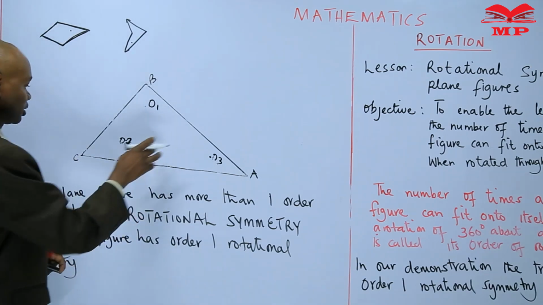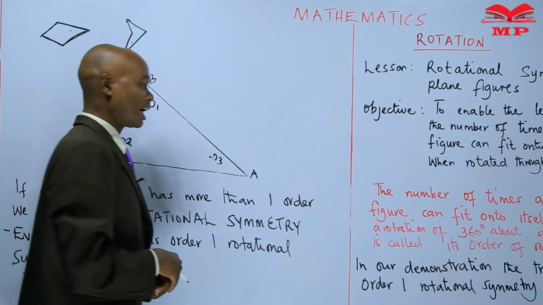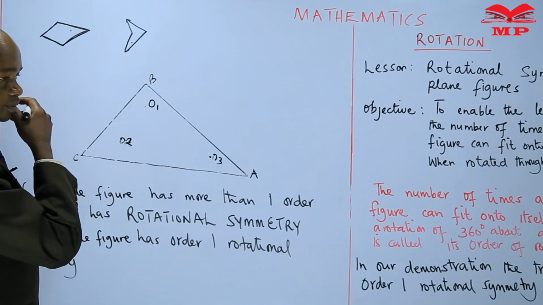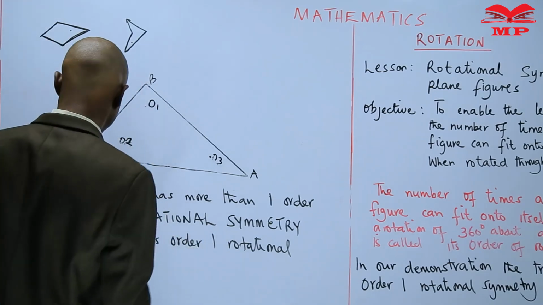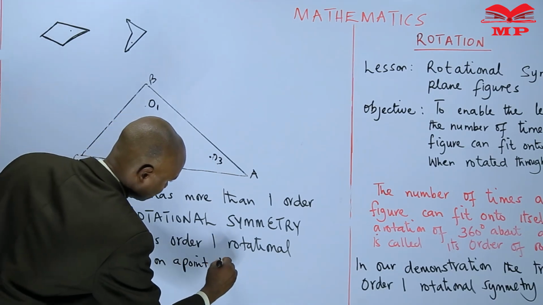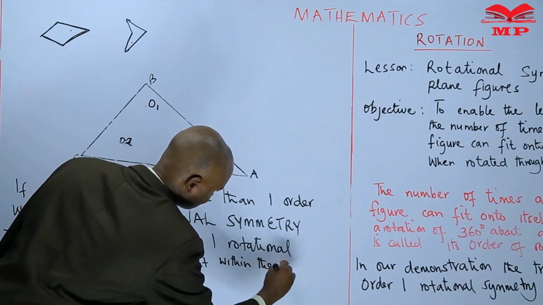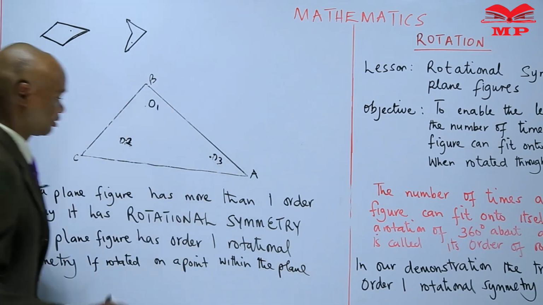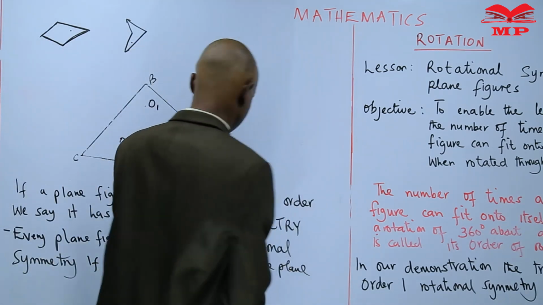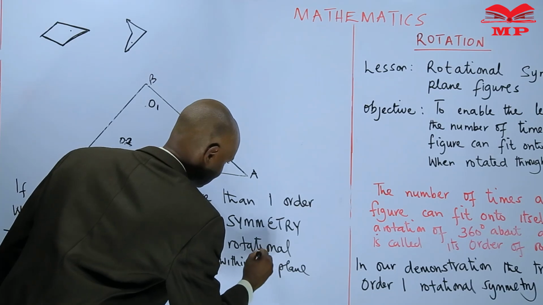Every figure has one order of rotational symmetry if rotated on a point within its plane.